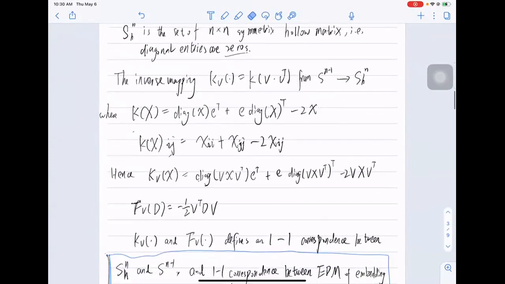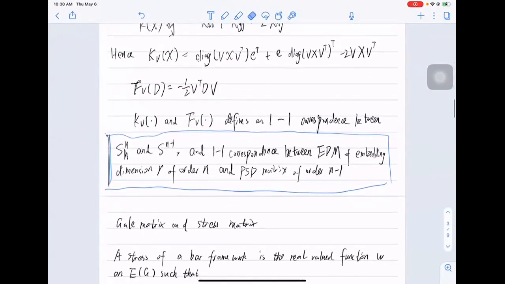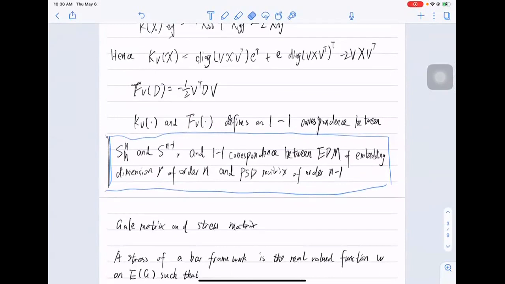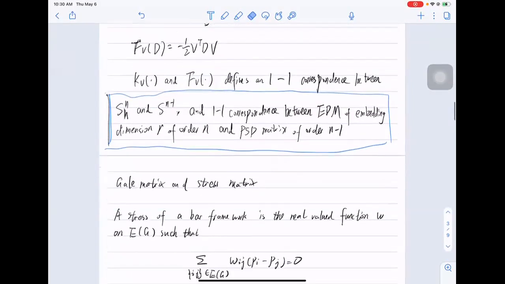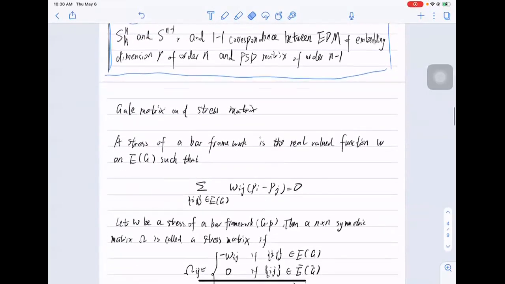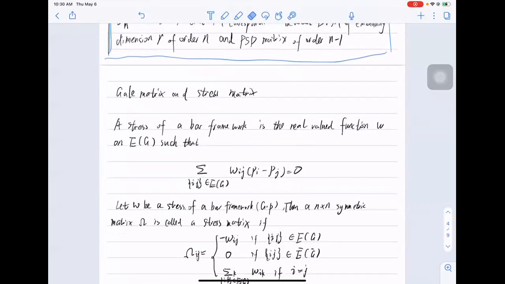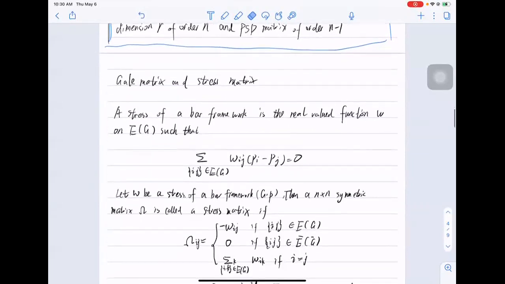And we define this map, a one-to-one correspondence between EDM of embedding dimension R of order n and the PSD matrix of order n minus 1. Now let's review the stress matrix. What is a stress matrix?